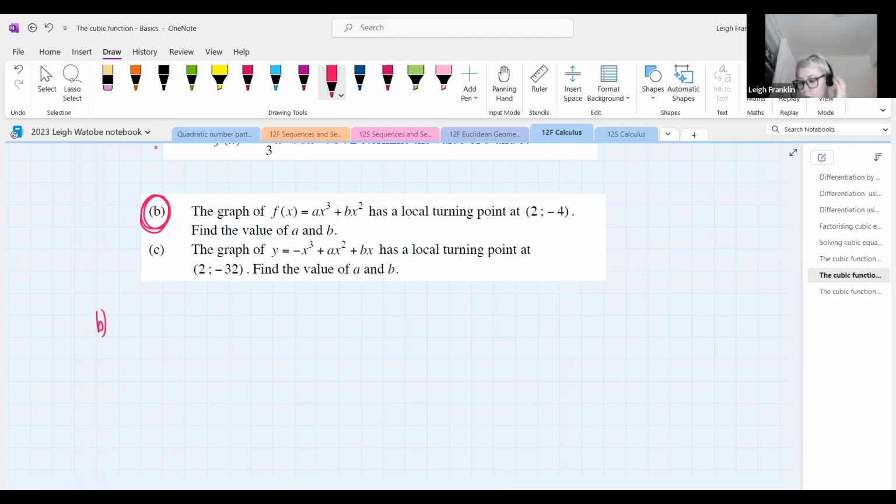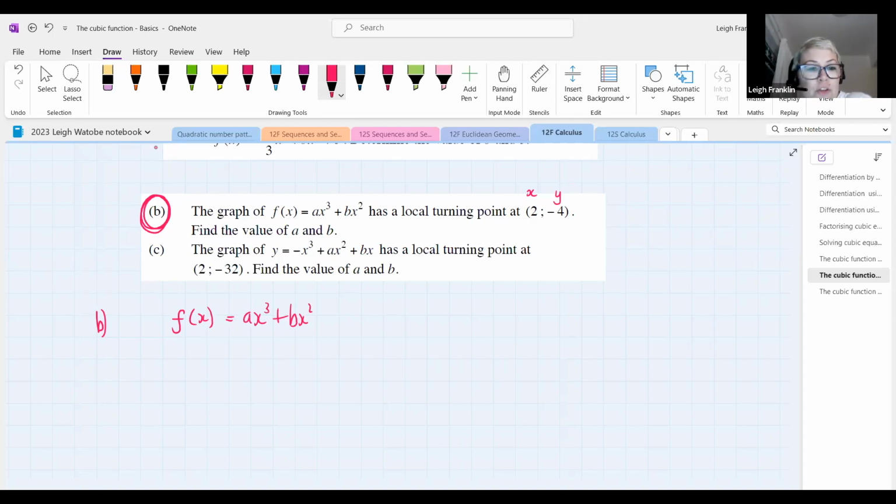So this is what you've got to do. You've got to sub in the point that they give you. Remember, this is your x, this is your y. If you have f of x or y equals ax cubed plus bx squared, they are implying that the values of c and d are equal to 0, and we're not calculating them.